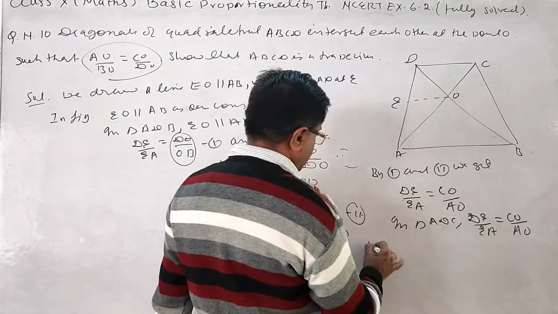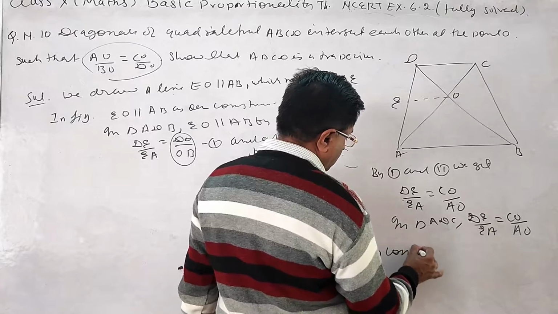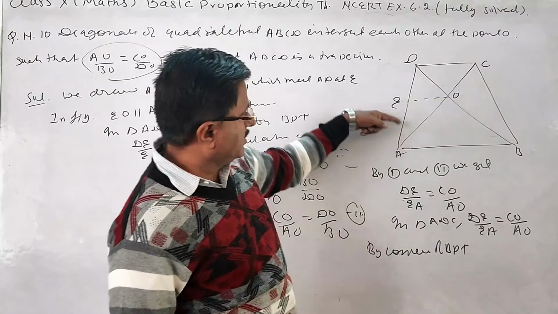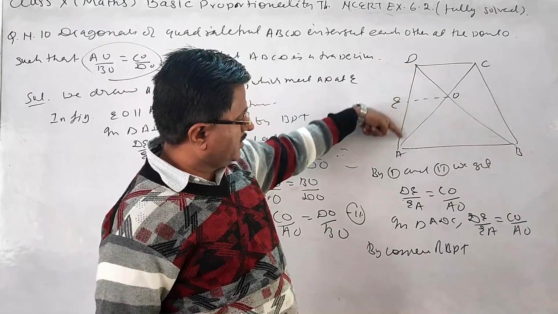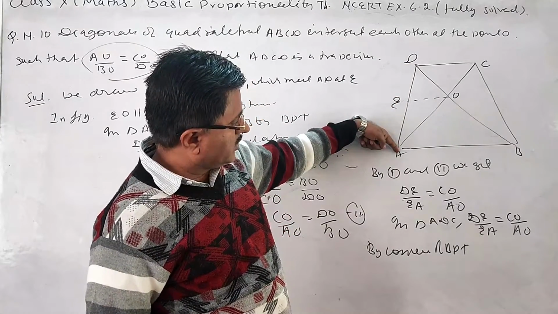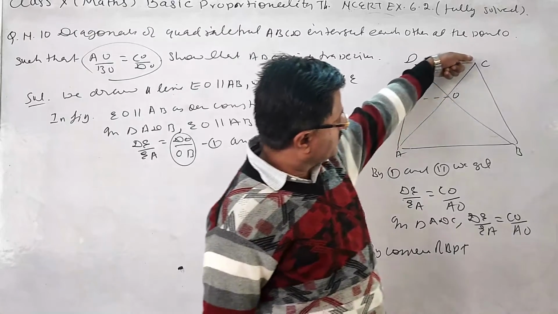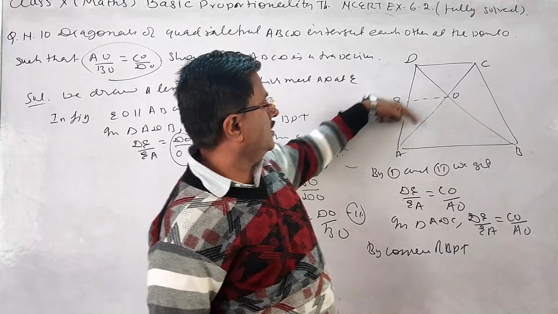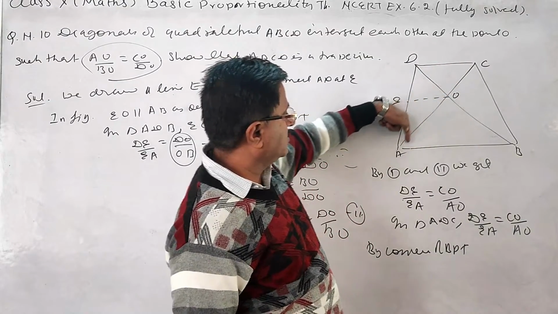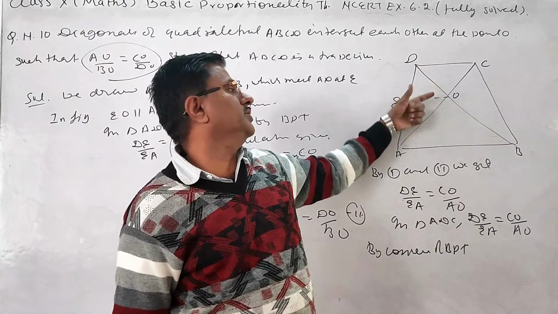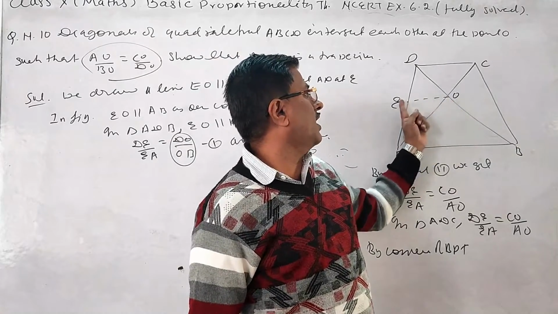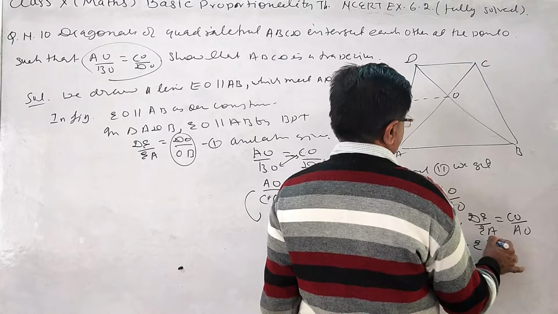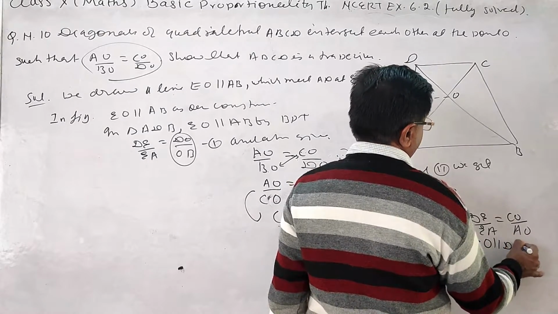So by converse of BPT, see here, DE upon EA is equal to CO upon AO, right? So what says the converse of BPT? This line EO is parallel to DC.